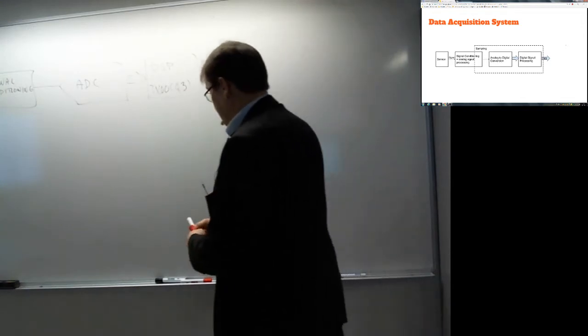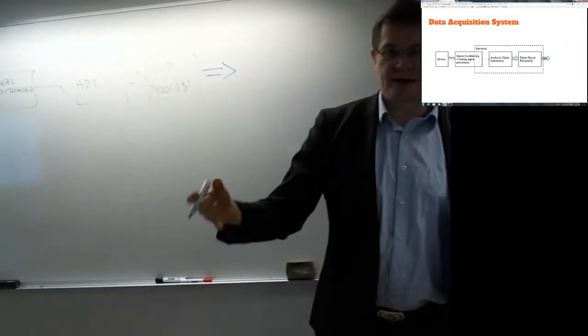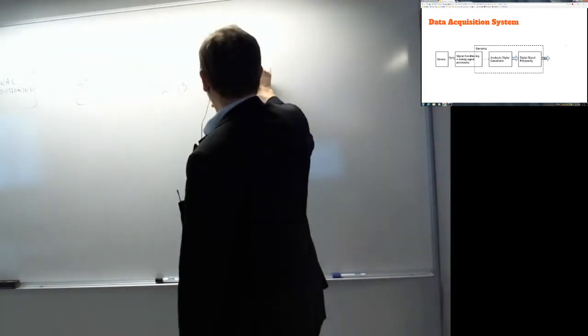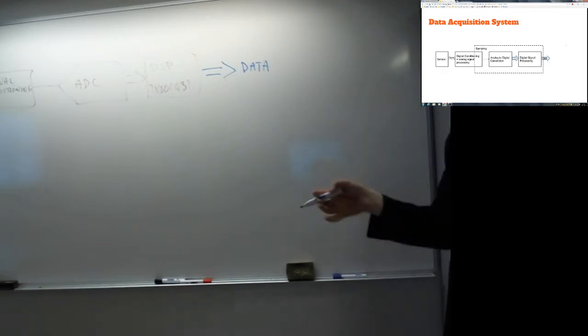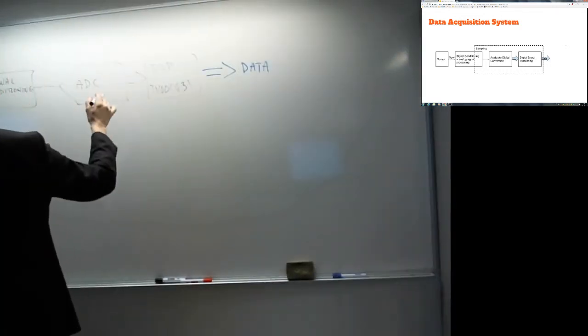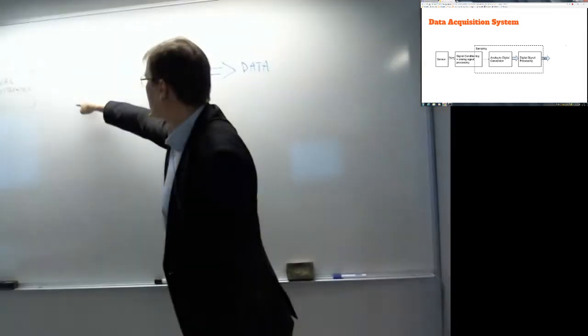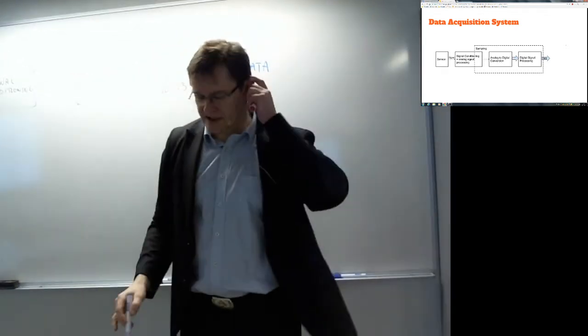Anyhow, after that this signal can then be transferred forward. So we can call this one data. At some point, in any case, we are going to the digital world, we also need to do some sort of sampling.